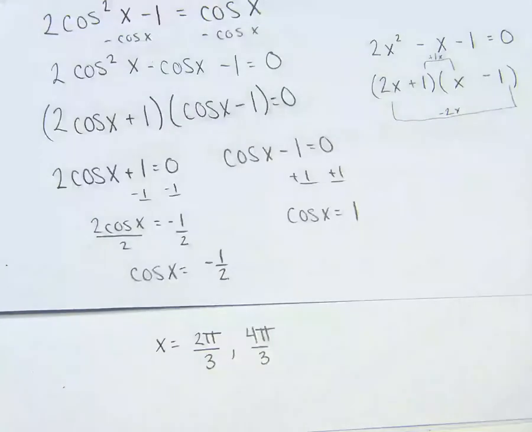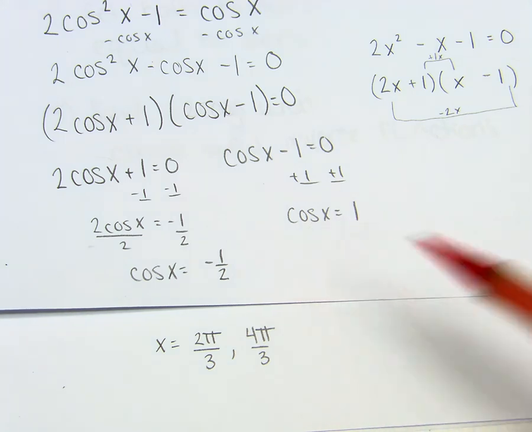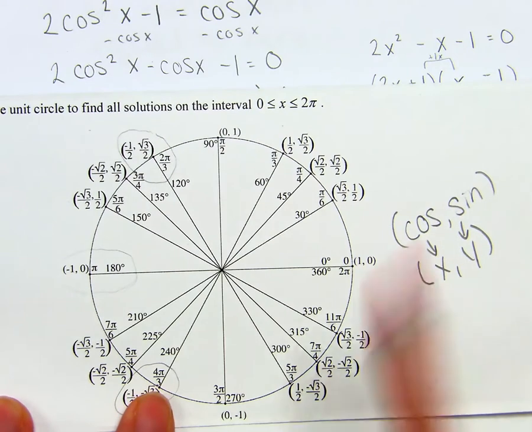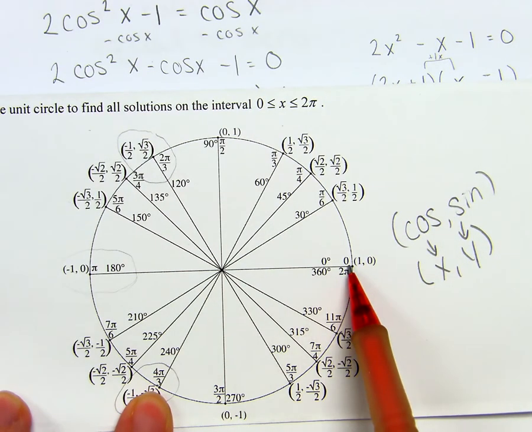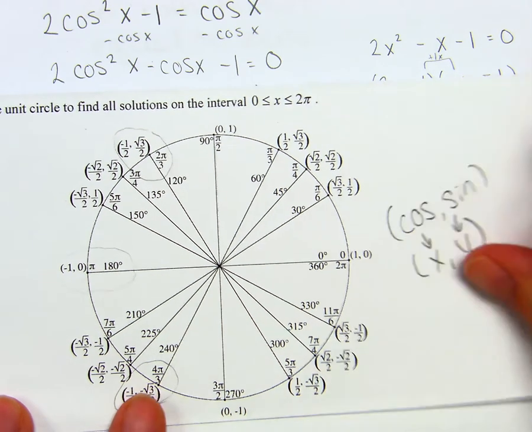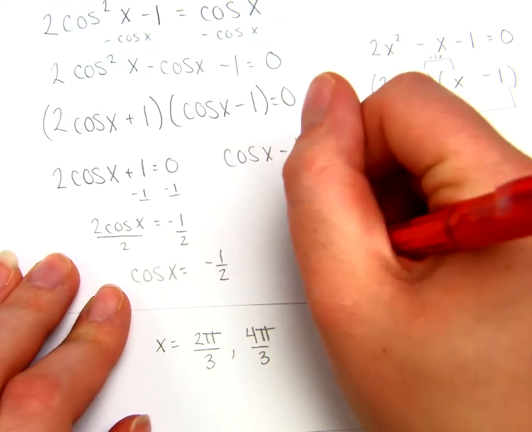And I also want to use my unit circle to figure out when cosine is 1. So if I'm looking at my unit circle, when's my x value 1? The only one I'm going to have on the interval from 0 to 2 pi would be at 0 and at 2 pi, but I'm not going to include 2 pi because that's what I said in my directions.